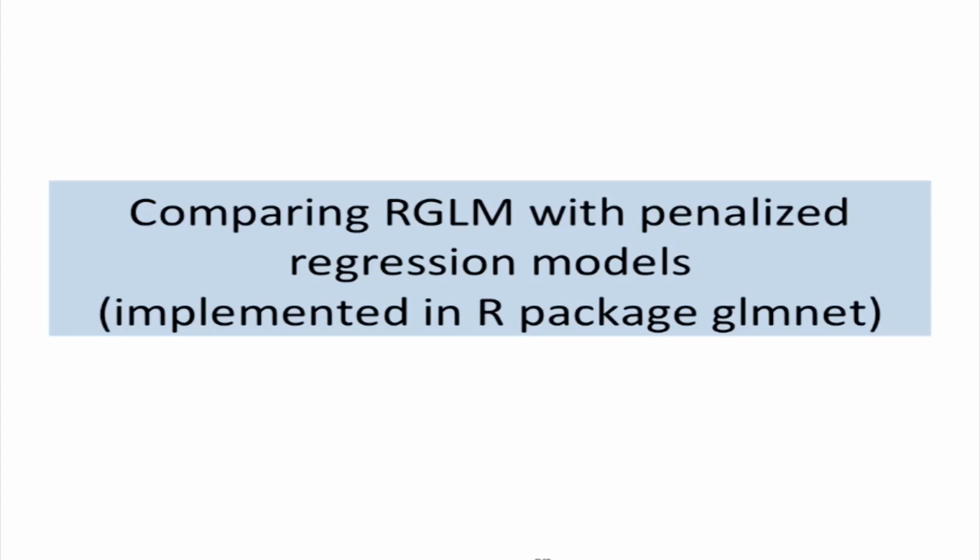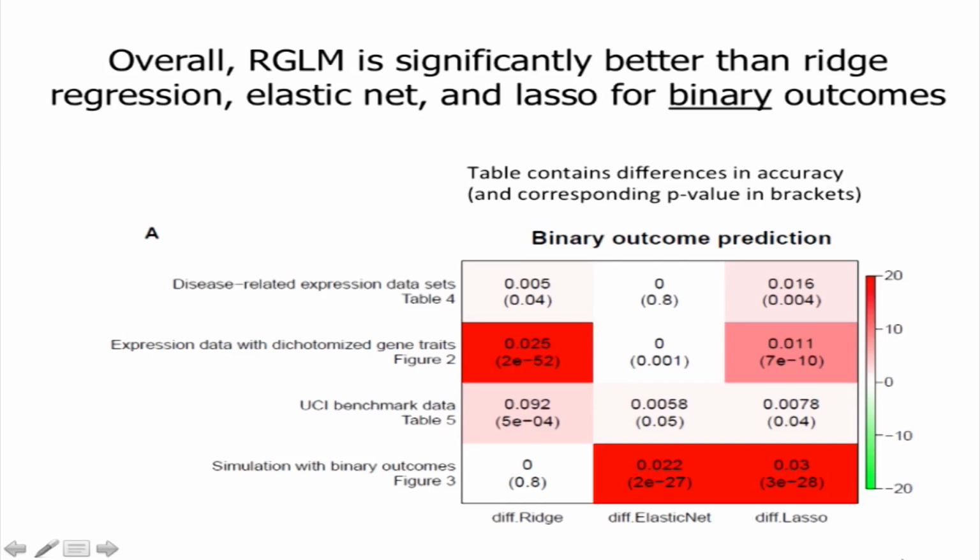I like these approaches, but we compared RGLM to these penalized regression models on all of these data: the 20 disease-related data sets, the dichotomized expression data, the benchmark data, the simulations. This table reports differences in accuracy.